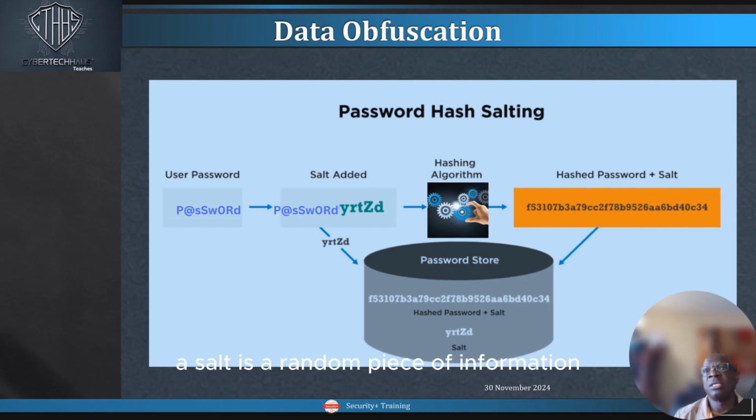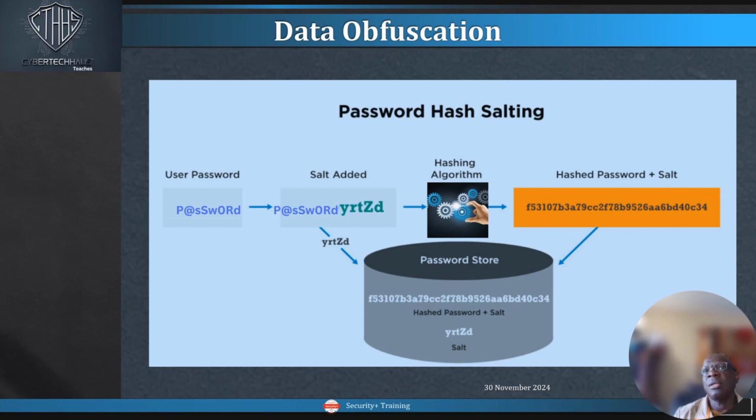A salt is a random piece of information added to each password before it is hashed. So even if two people have the same password, their hashes will look different. This makes it much harder for attackers to guess passwords, even if they manage to see the hashes.